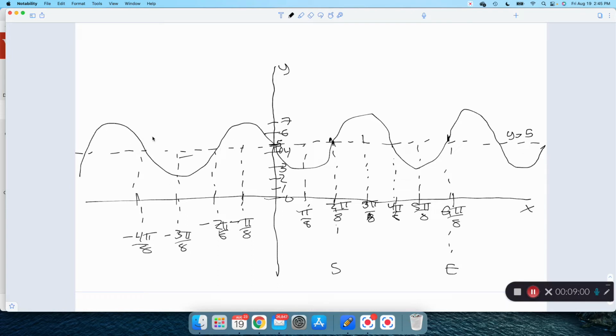They'll go negative 4 pi over 8, and then down here, they'll go negative 3, negative 2, and then graph up here, negative 1. So their labels will be going up and down. Please don't do that. Our labels should really be along the x-axis, just like every other graph you've ever drawn in your life. We're just labeling x values here. Okay, that's a good place to stop.